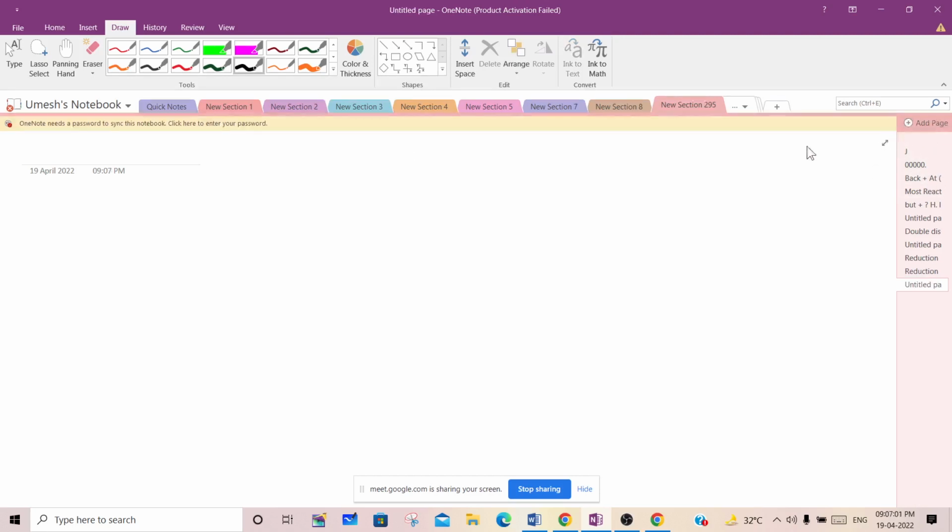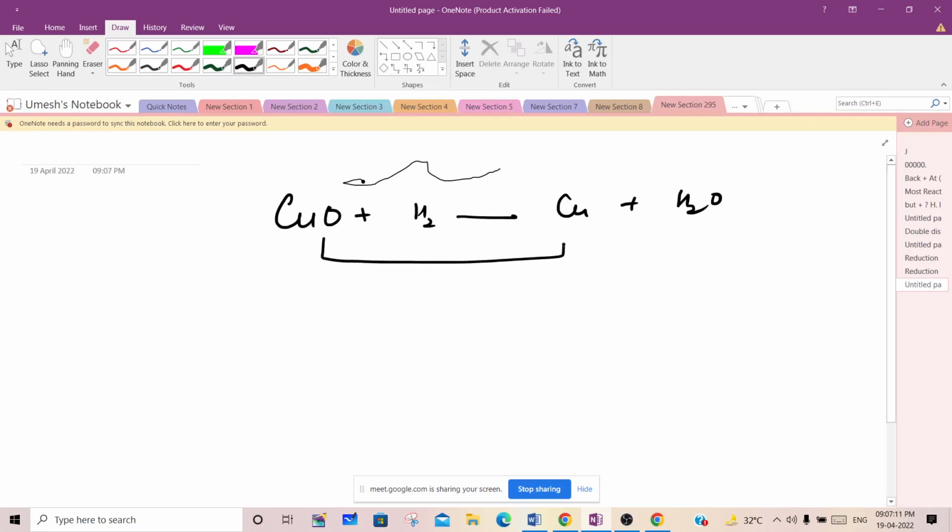Understood? Now let it be copper oxide plus hydrogen. I'm getting copper plus water. You can see from the copper oxide the oxygen has been removed, so we say the copper oxide is reduced. At the same time, we are adding oxygen to the hydrogen.